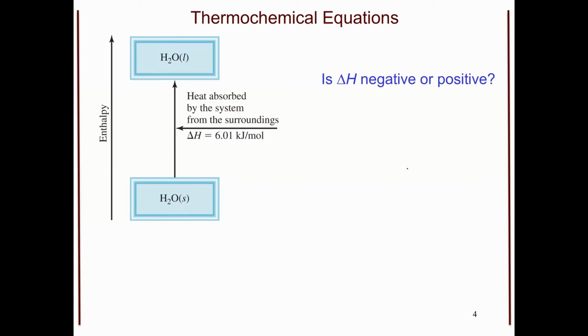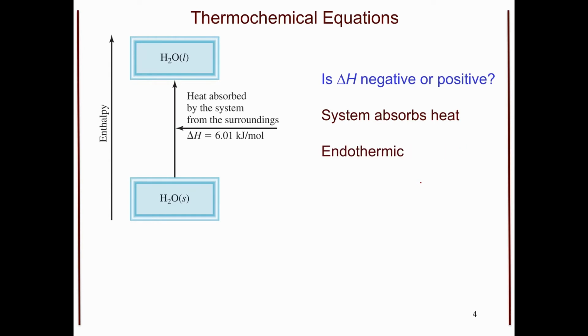As you can see here, we have our ice going to liquid water. Heat is being absorbed, so now the question becomes, is our delta H for this reaction negative or positive? Well, seeing that we are absorbing energy, we would expect our delta H to be positive because of this being an endothermic reaction.